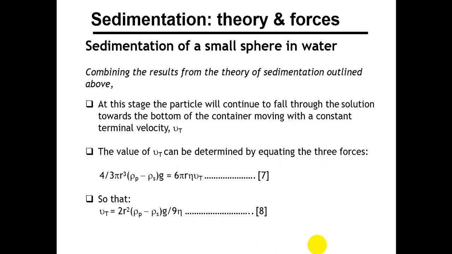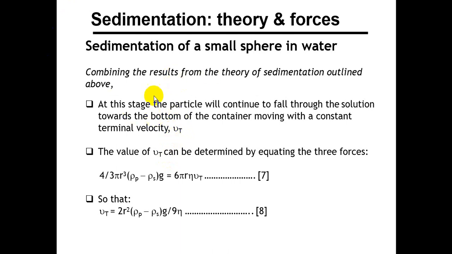At this stage, the particle will continue to fall through the solution towards the bottom of the container, moving with a constant terminal velocity. Terminal means the final velocity. The value of the terminal velocity, Vt, can be determined by equating the three forces.